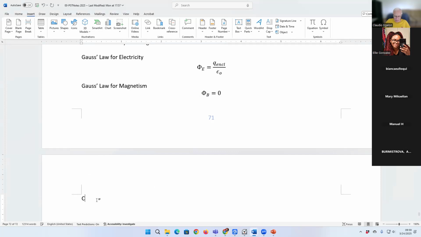Now, characteristics of the electric and magnetic fields. Source.